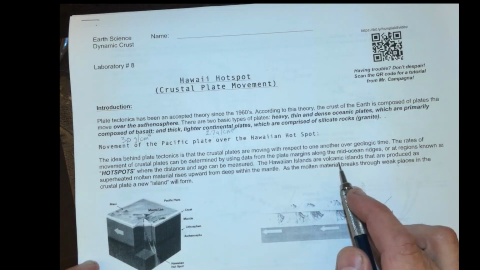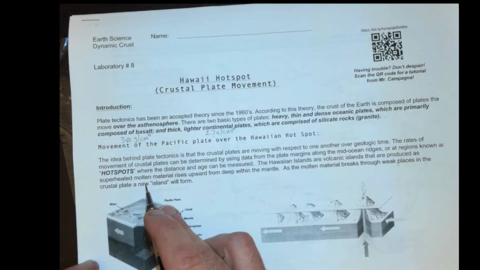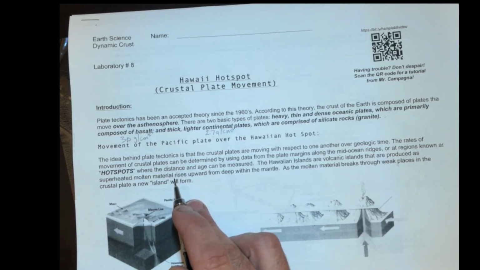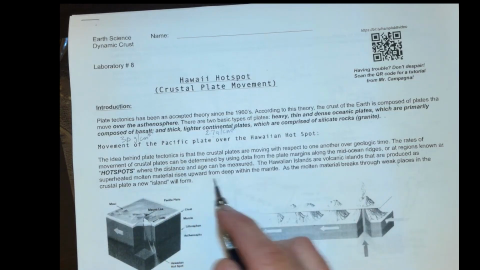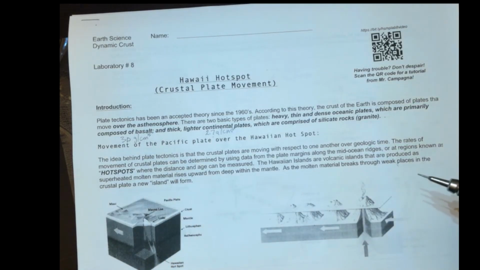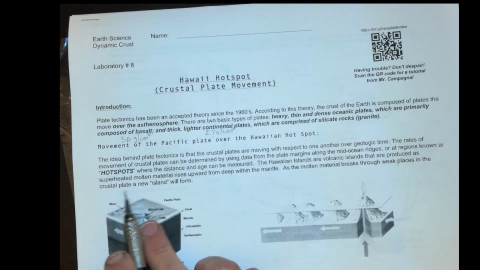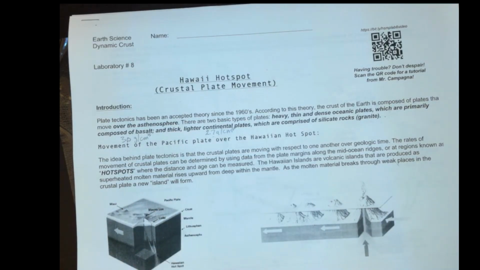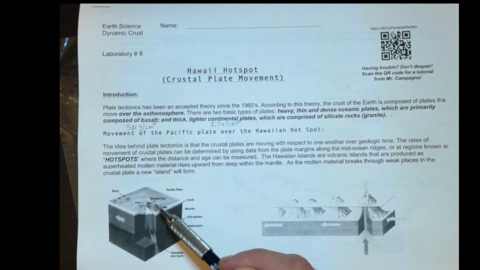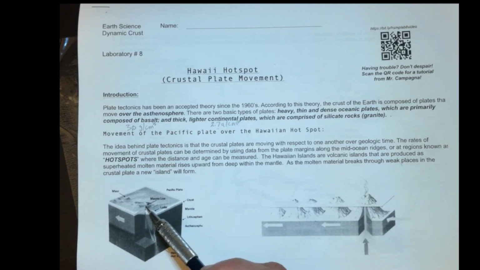Hawaiian Islands are volcanic islands that are produced as superheated molten material, basically magma, rises upwards from deep within the mantle. As the molten material breaks through the weak places in the crustal plate, a new island will form. And here we have a diagram, albeit not too clear. We've got our volcanoes, and you can see here the magma chambers down there leading from the hotspot.